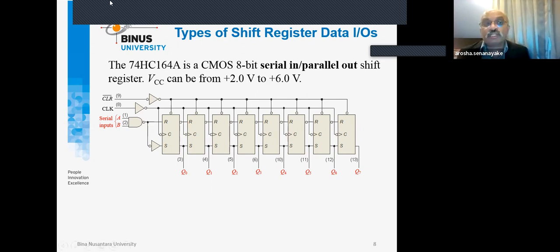Therefore, we use the clear signal to clear before we start sending the data appropriately. That is clearly important to understand. So the clear signal's function is to clear the entire output buffers, Q0, Q1, Q2, Q3, so that no value, no bit is available in them.